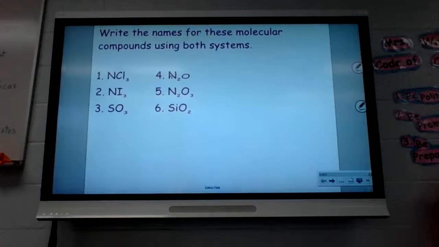The Roman numeral one. So nitrogen chloride, and then you've got to figure out what the oxidation number would be for nitrogen, and put it in parentheses.